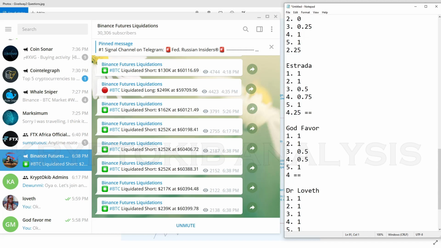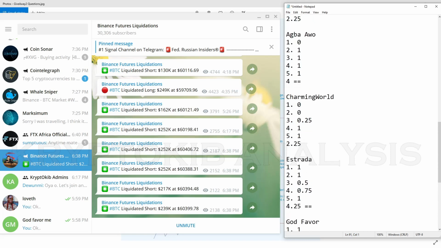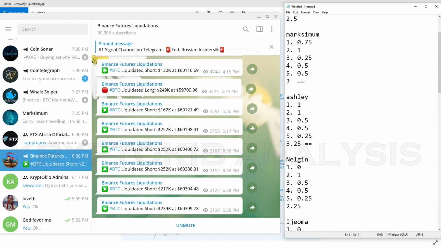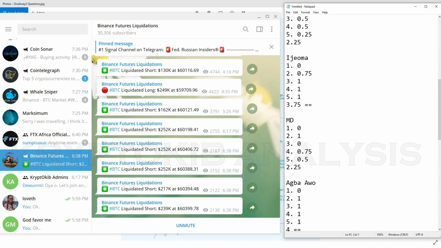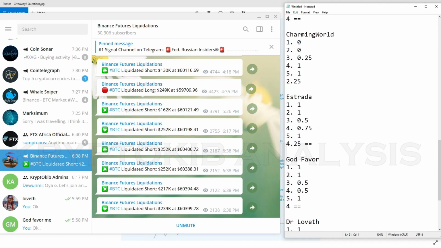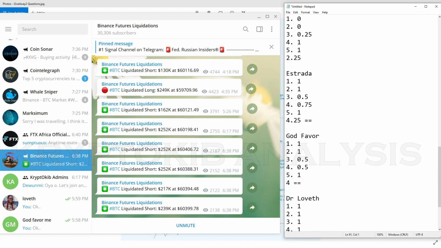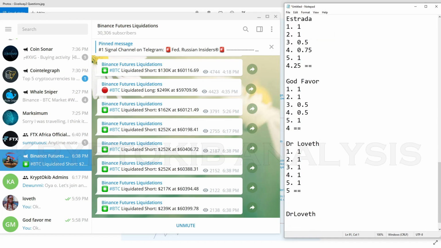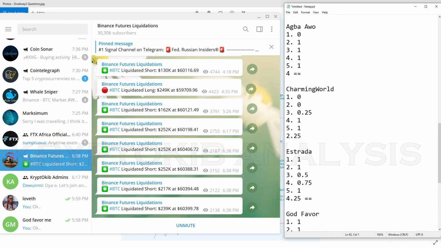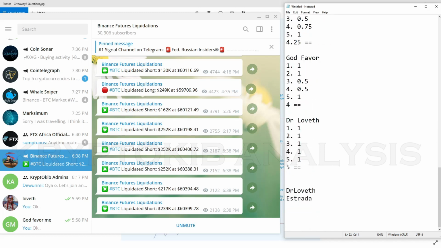Then Estrada 4.25, Agbawo 4, God Favor is 4. So Estrada, then we have God Favor and Agbawo.